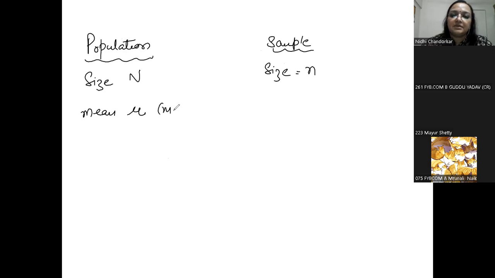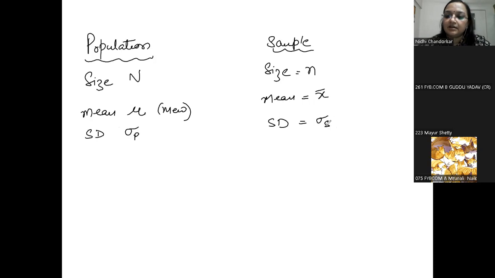Mu, it is MEW, and the sample mean is represented by x bar. Okay, x square nahi, x bar. Standard deviation of population is represented by sigma p, and standard deviation of the sample is represented by sigma s. Okay, so let us now see what are the formulas for Z and T test.